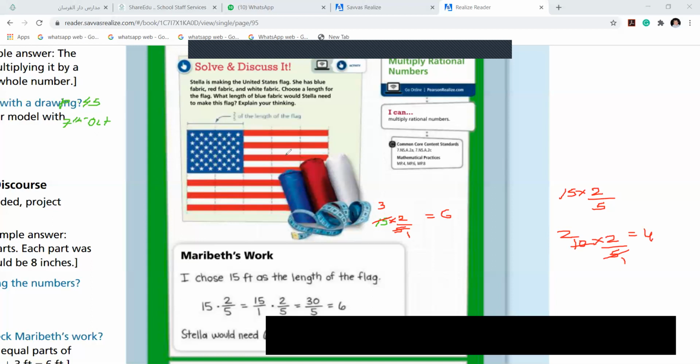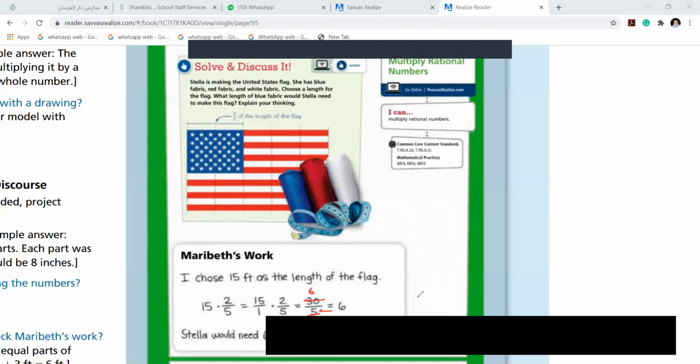Okay, this is your own imagination, girls. If you want, you can just copy this. This is her own imagination, that 15. Just tell me whether you understood how I simplified here. What does she do? She multiplied 15 times 2, 30, 30 over 5, and then she did 5 times 1 and 5 times 6 this way.